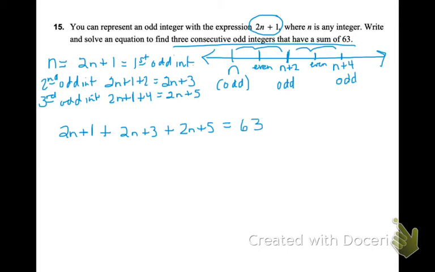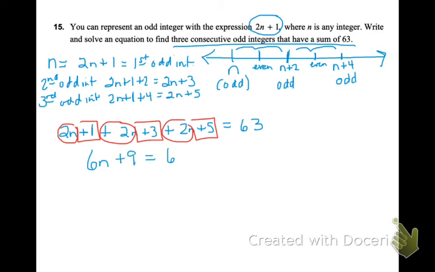So then we have some like terms that we can combine. We have all these n's, right, and all these constants to make an equation. Okay, so 2n plus 2n plus 2n is 6n. 1 plus 3 plus 5 is 9. And that's all equal to 63.